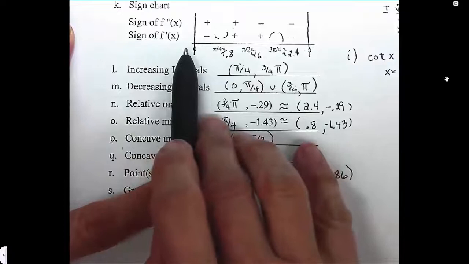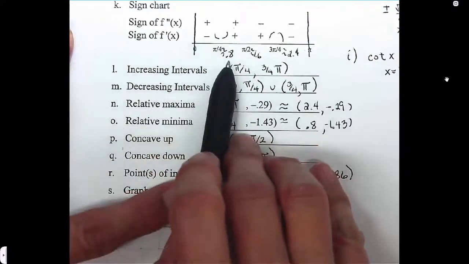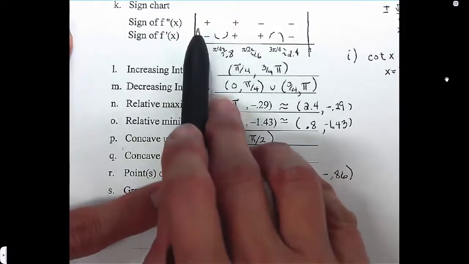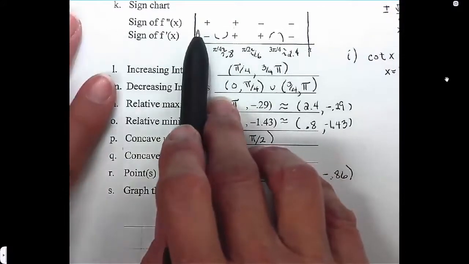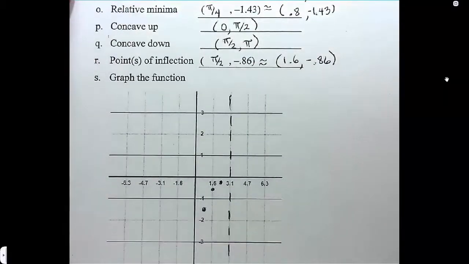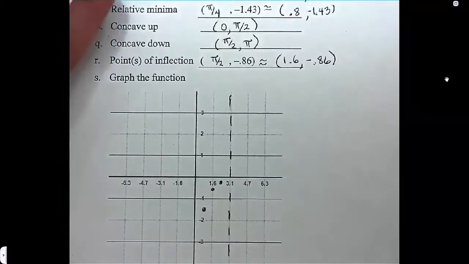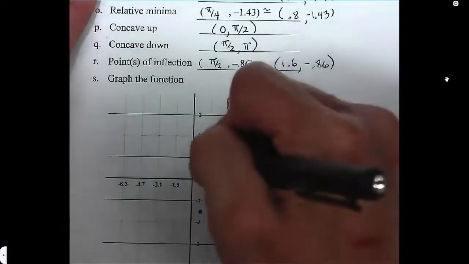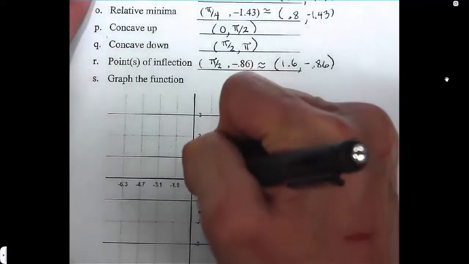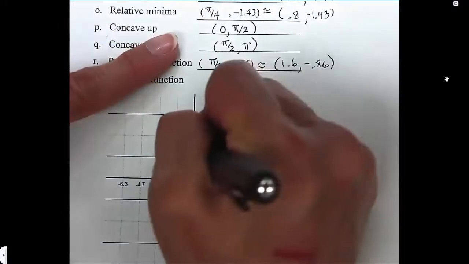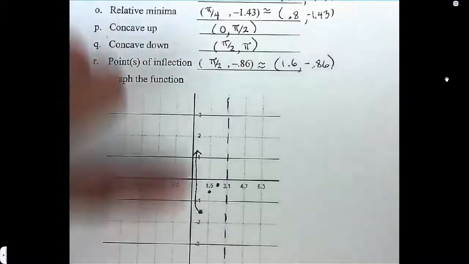So from 0 to 0.8, the graph should be decreasing and concave up. From 0 to 0.8, but not including the 0 because we don't have a y-intercept. So decreasing and concave up will look like that, with this being a vertical asymptote.